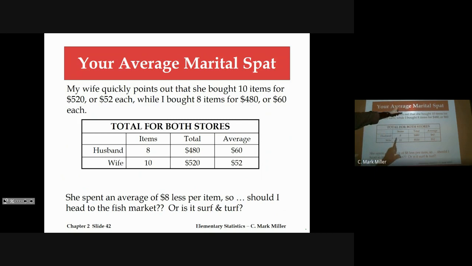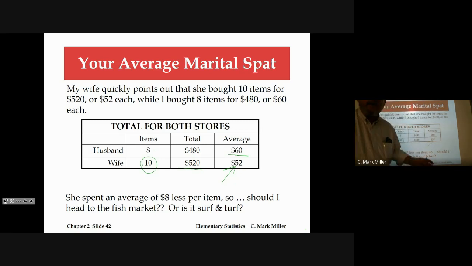My wife quickly points out that she bought 10 items for $520. 10 items, $520, $52 each. I bought 8 items for $480, $60 each. Now, I averaged $10 less at the shoe store and $10 less at the clothing store per item.